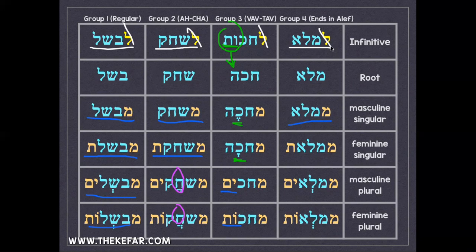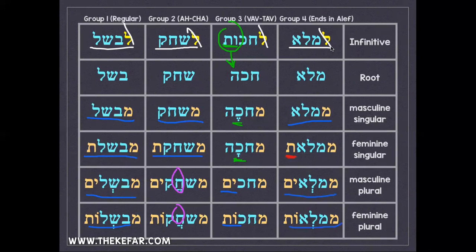It differs with the feminine singular where we have memalet. Okay, so we still have the tav at the end, but it's a slightly different sound pattern than we have for mevashelet and mesacheket. Here we have memalet, so it's a different sound pattern. And then we go back to normal with memalim and memalot, following our regular sound pattern.